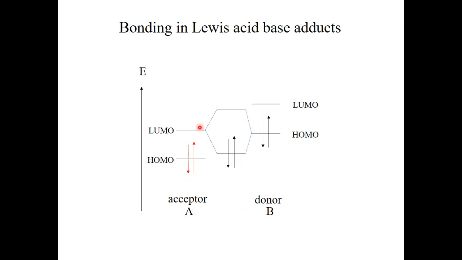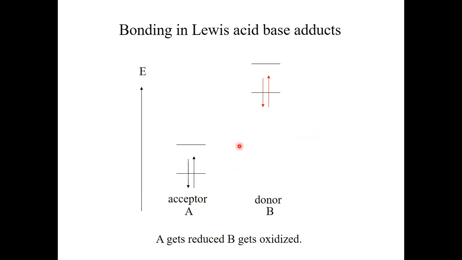If the energy of these two orbitals is very similar, it would again form pretty much an ideal covalent bond. All right, then there's one more case to consider, and then we complete this. We can raise the orbital energies of B even further.